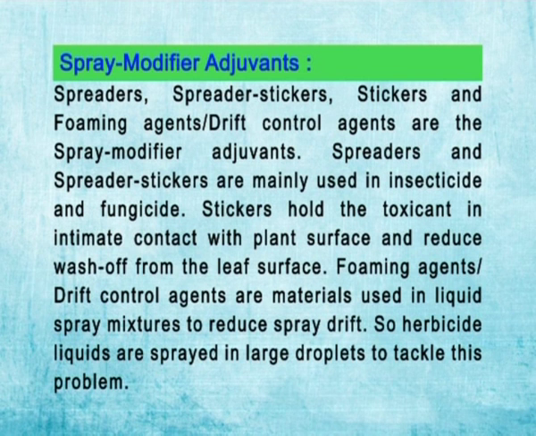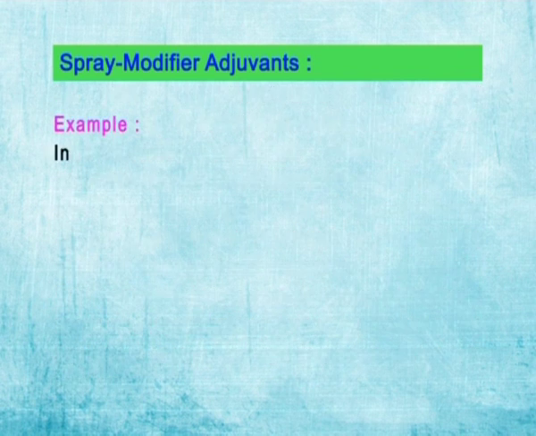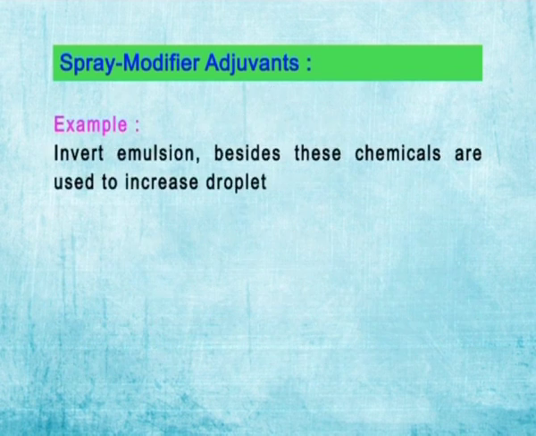Foaming agents or drip control agents are materials used in liquid spray mixers to reduce spray drip. So, herbicide liquids are sprayed in large droplets to tackle this problem. Example, invert emulsion. Besides these, chemicals are used to increase droplet size.